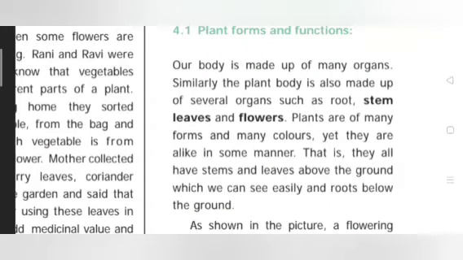As our body is made up of many organs, similarly the plant body is also made up of several organs such as root, stem, leaves and flowers. Plants are of many forms and many colors, yet they are alike in some manner.